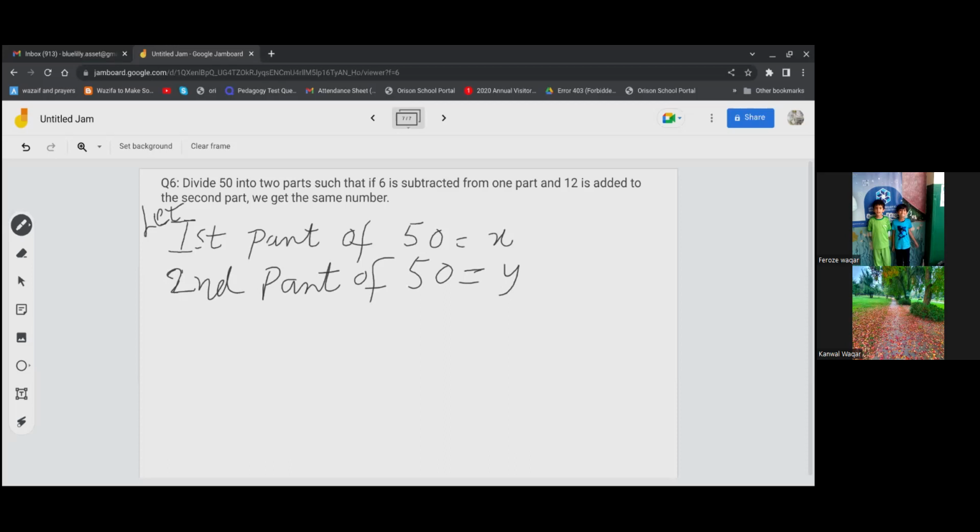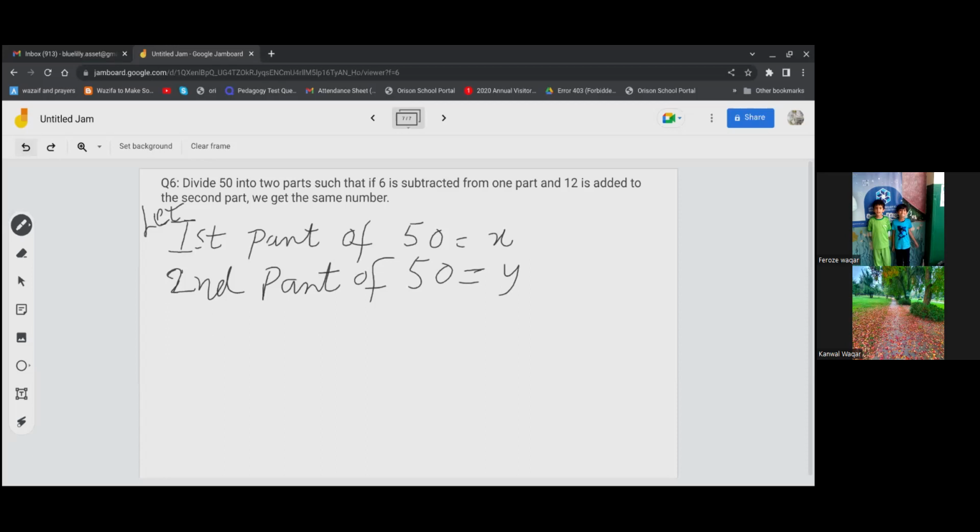Okay, then 50 is divided into 2 parts, first part and second part. This statement means that 50 is divided like this. But I will go to the next part of the statement.